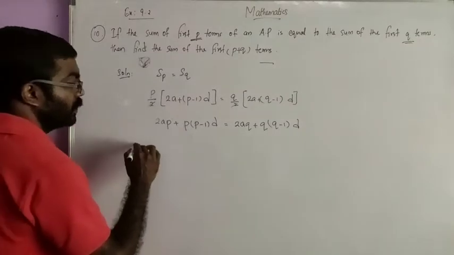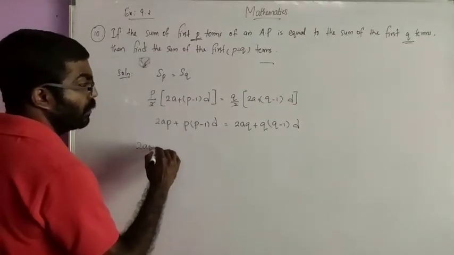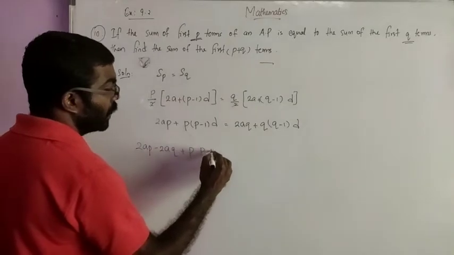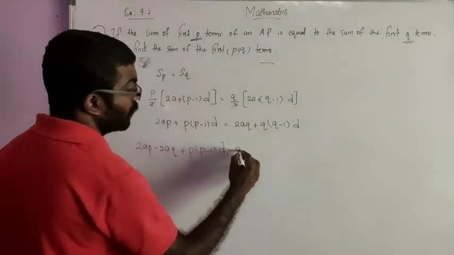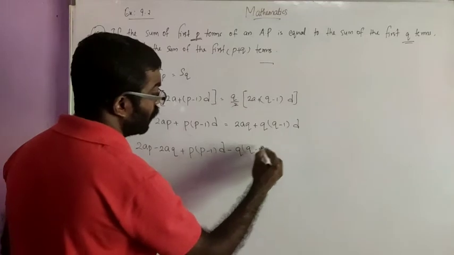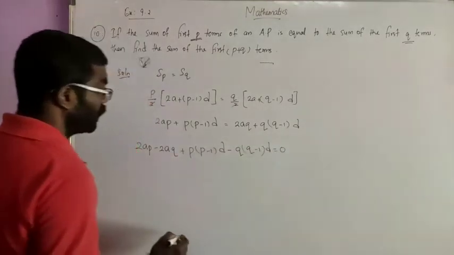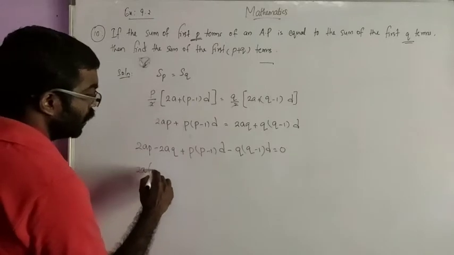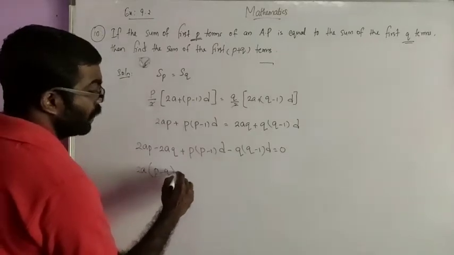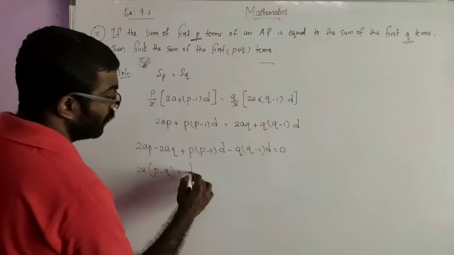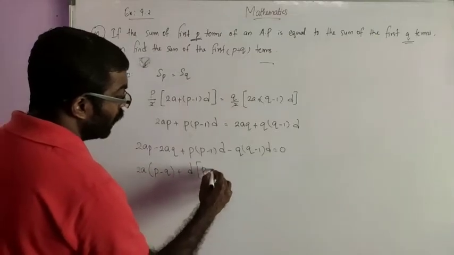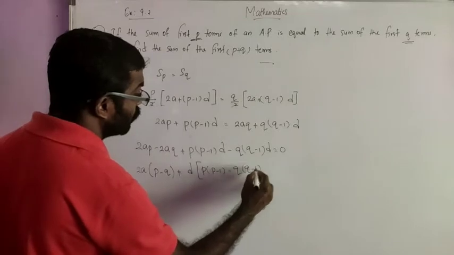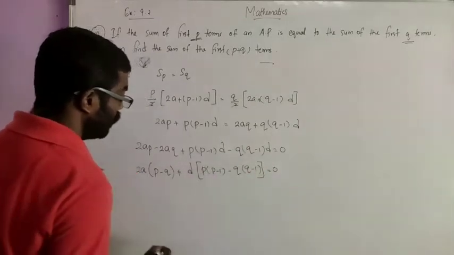Now rearrange the terms: 2ap minus 2aq plus p into p minus 1 into d minus q into q minus 1 into d is equal to 0. From the first two terms we can take 2a common, so 2a into p minus q, and from the next two terms d is common. So d into p into p minus 1 minus q into q minus 1 is equal to 0.